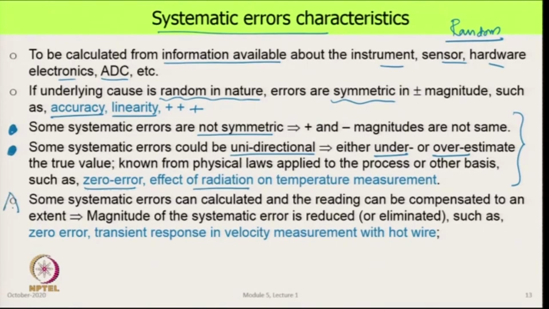And then we have another interesting thing here, as we have seen in the earlier slide, that some systematic errors can be calculated from knowledge of the phenomena and the equations in an analytical way. And what we often do is, we compensate the reading to that extent from that calculation. For example, if we say that from my calculations, the radiation error is an overestimate by 25 degrees Celsius, then we can say I will take my measured value, subtract 25 degrees Celsius, and this I will treat as my measurement.